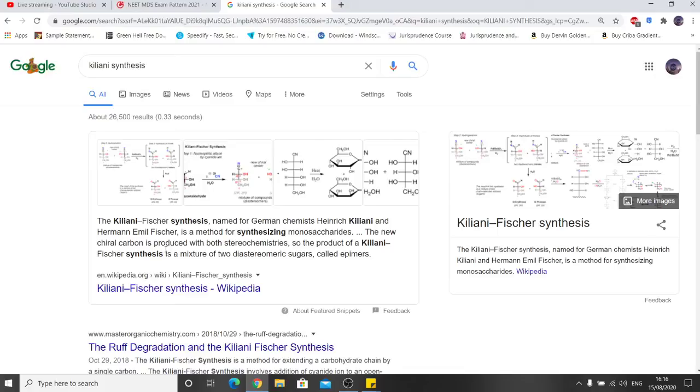So the product of a Kiliani-Fischer synthesis is a mixture of two diastereomeric sugars called epimers. It's interesting. So they're saying after they synthesize monosaccharides, they are going to be in two different forms, stereoscopic replicas of dextro and levo. So it's going to be epimers again. Okay.